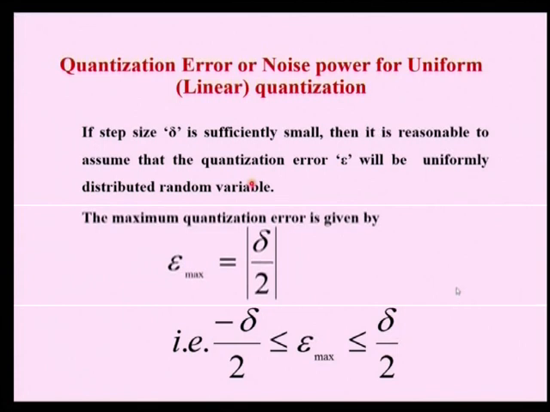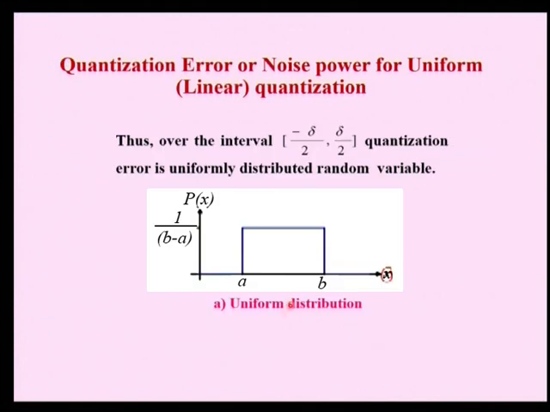That is, we consider that this error is uniformly distributed. The maximum quantization error is epsilon max, which is equal to the modulus of del by 2. That is, the range of this error lies between minus del by 2 and del by 2.